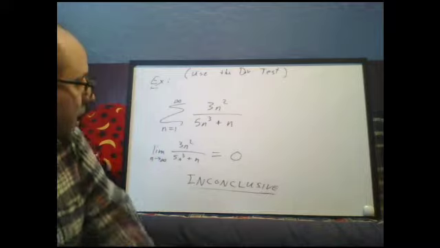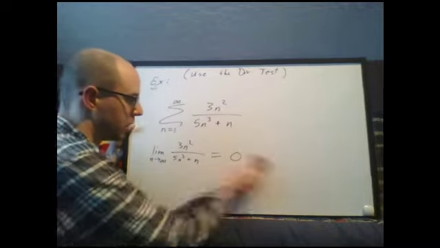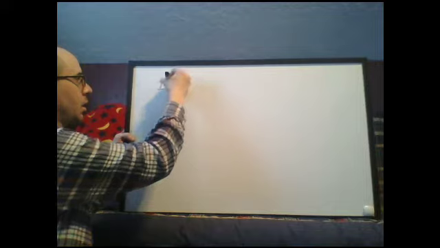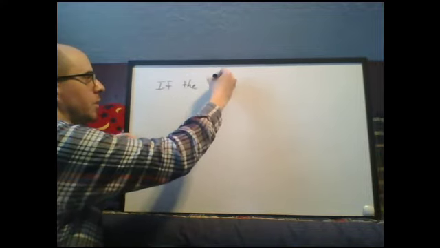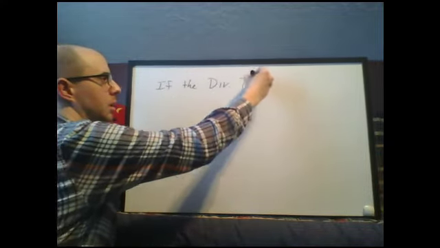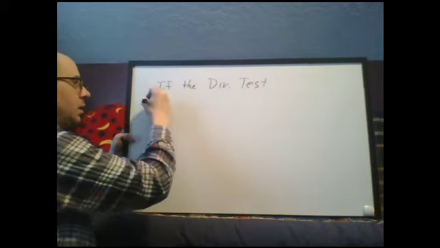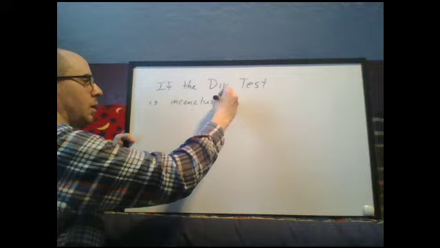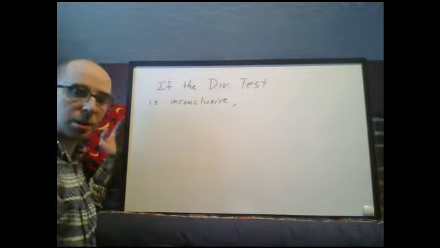So let me write that down just to really drive it home. If the divergence test is inconclusive, so again, there's only 2 possible outcomes for the divergence test.